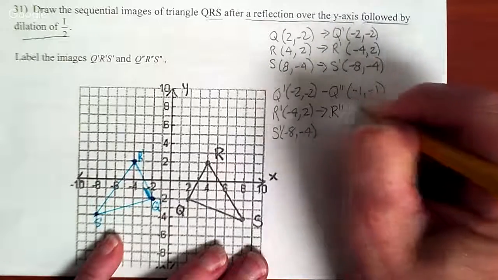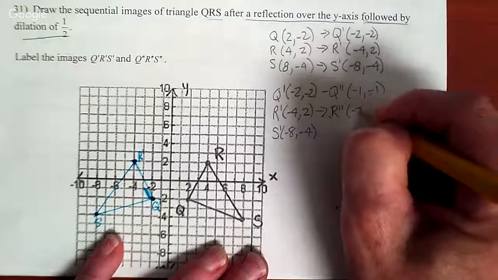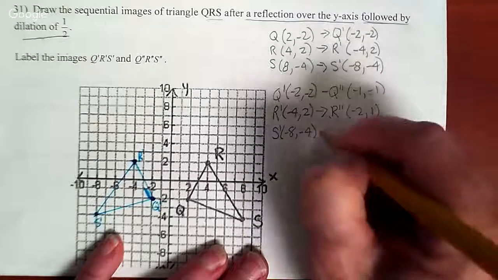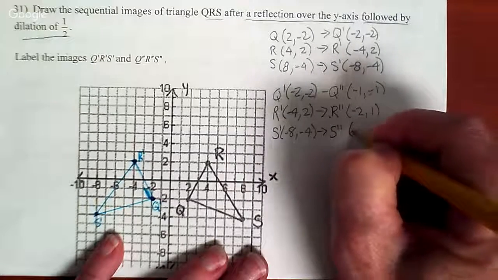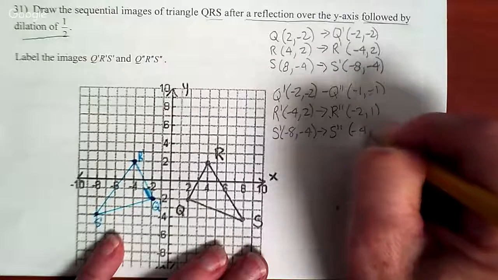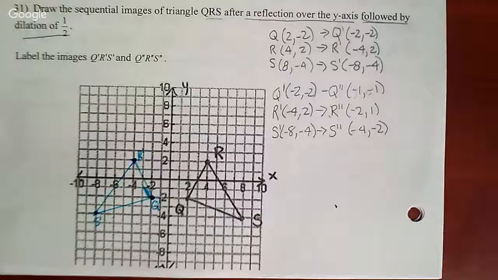R double prime would be -2, 1. And S double prime would be -4, -2. So let's put those in.